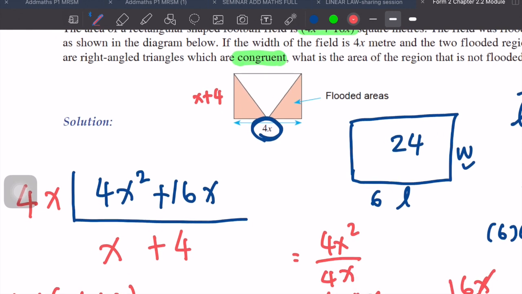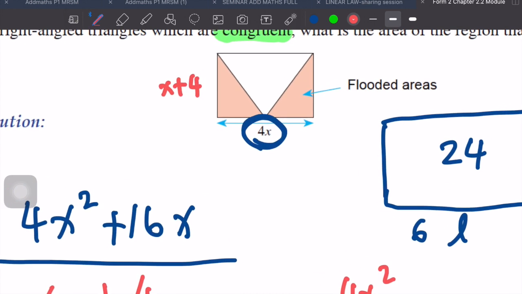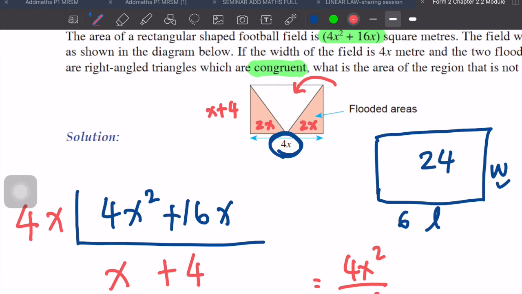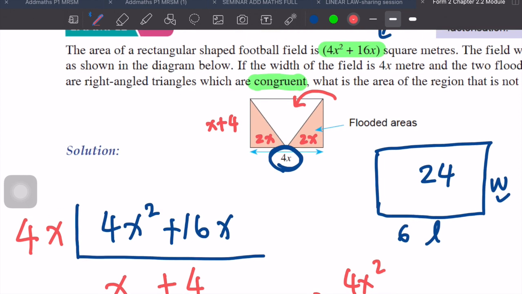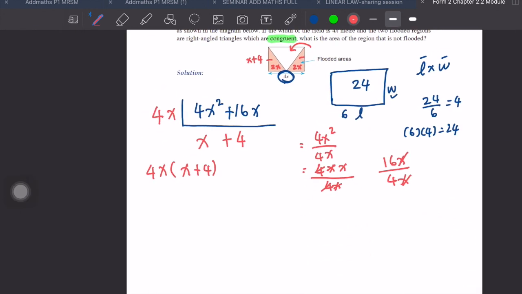Okay, so apa lagi yang kita nak buat? Tadi congruent kan? So ini adalah 2x, ini adalah 2x. Kita nak cari luas yang putih ni, yang tidak banjir, it's not flooded. So luas padang tolakkan dengan 2 luas segi 3. Kita carilah dulu luas segi 3.